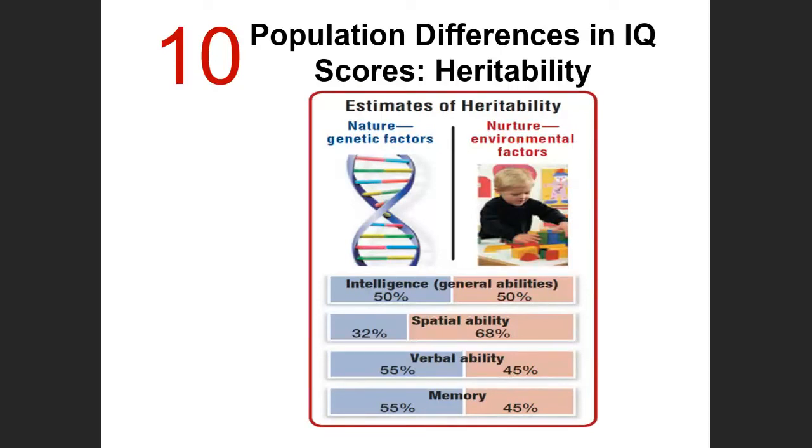The psychometric psychologists want to quantify an amount of general intelligence that's similar across all cultures, but we know that there is cultural bias in these tests, and so there are other researchers who believe in intelligence being more than one thing.